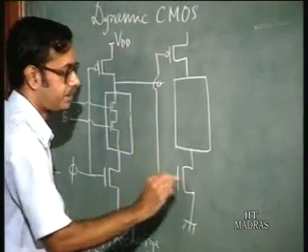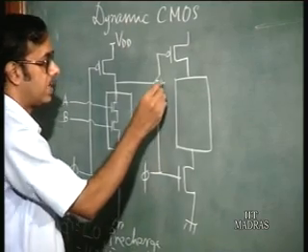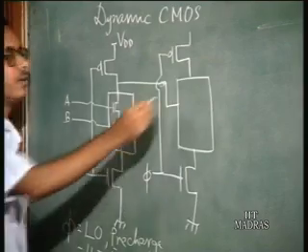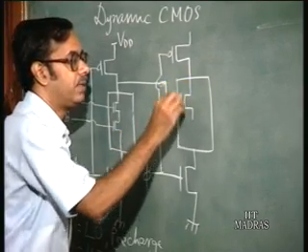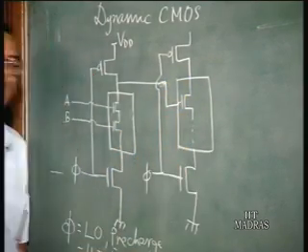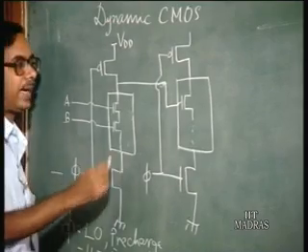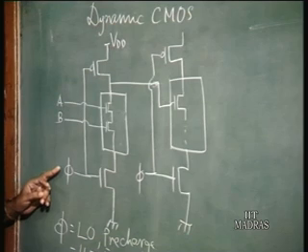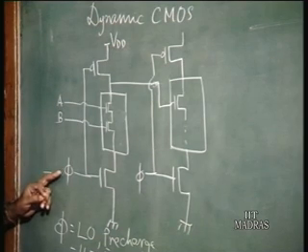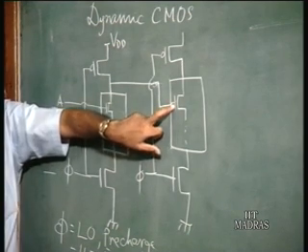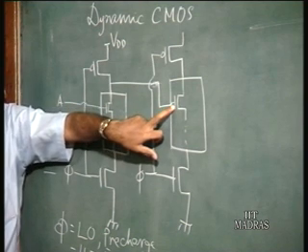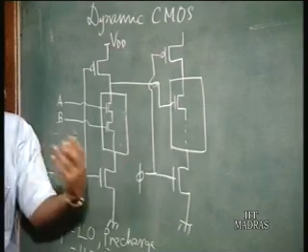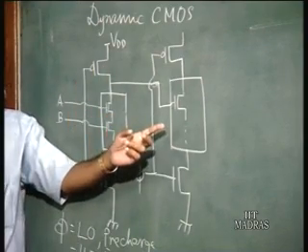Another clock here, the same clock is fed here, and this is going as input to this n block, where you have NMOS transistors. What is going to happen is, when the clock is low, that is the pre-charge phase, the input capacitance of this transistor in the second stage is going to be charged to VDD.